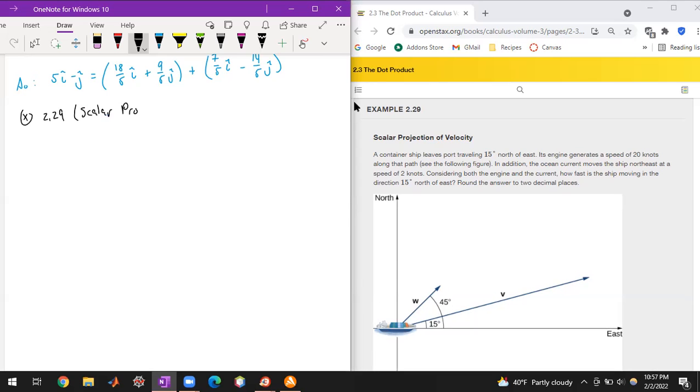All right, so this is example 2.29. Scalar projection of velocity. So what do we know? We know a ship leaves traveling 15 degrees north of east with an engine generating a speed of 20 knots.